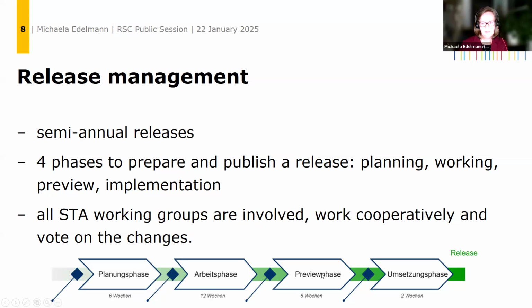During the preview phase, lasting 6 weeks, all working groups review the proposed changes and vote on them. Decisions are made as consensually as possible. If a working group has a need for clarification, the issue is proven and we try to find a solution that everyone agrees with.